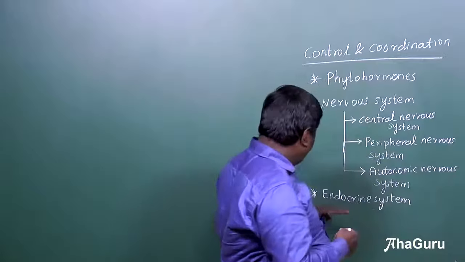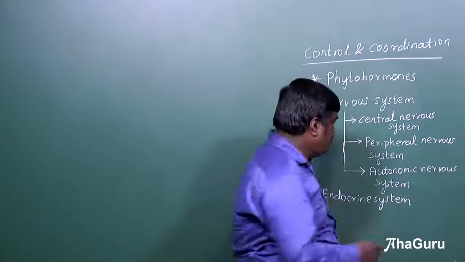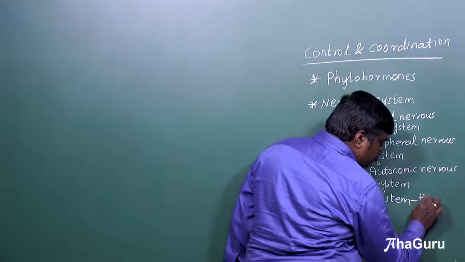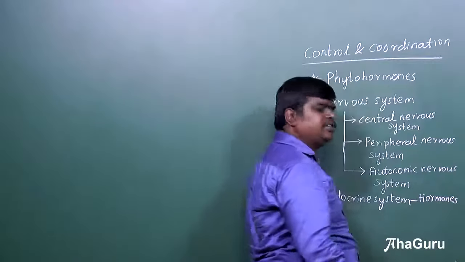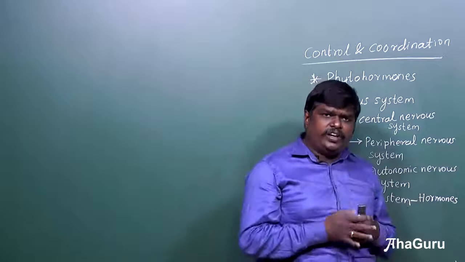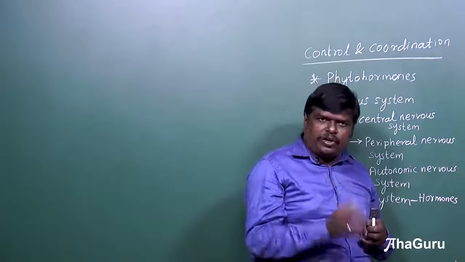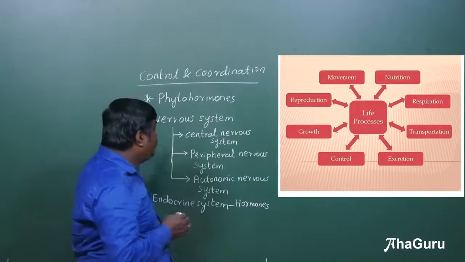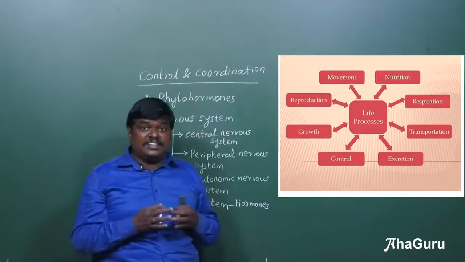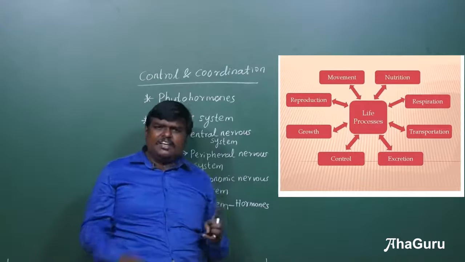These are all endocrine glands in our body which produce hormones, the chemical messengers to control and coordinate various functions. We are going to talk about that in detail. So in this life process lesson, so many systems are included.